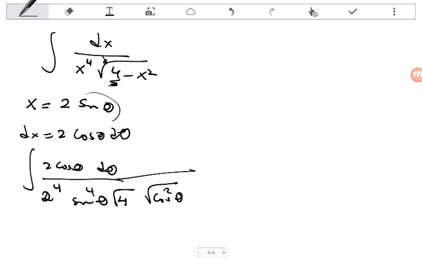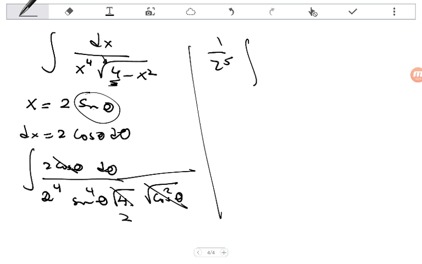Then I apply this. I just take 1 minus sine squared, which will be cosine squared under the root. This cosine will be eliminated with this, and this will be 2. So we have here 1 over 2 power 5 integration of d theta over sine power 4 theta.